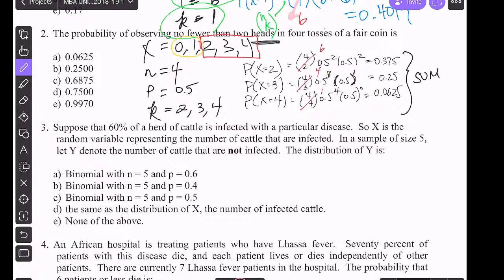They're disjoint, so you can just sum them. So yeah, the answer is C. Okay, what about the next part?